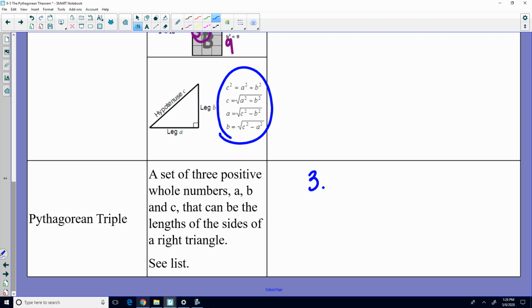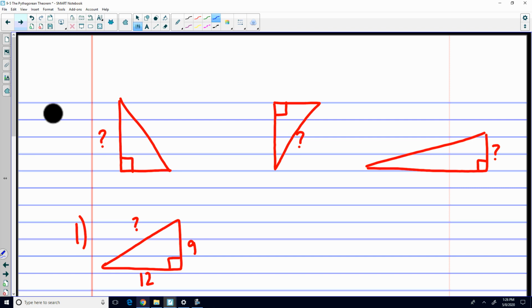For example, 3, 4, 5 is called a Pythagorean triple. It's the one we just used above in the notes. You've got a list in your notes, so make sure you look at that, and we'll use this in a minute in our notes.